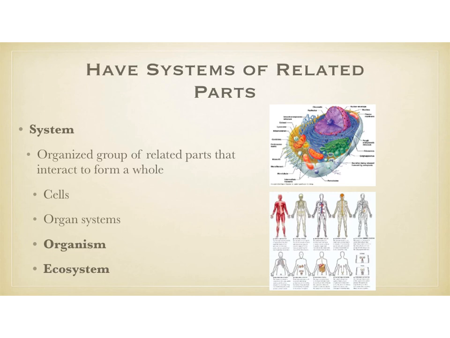Groups of organisms living in a specific area make up an ecosystem. So all these things have systems of related parts, from one individual cell all the way up to an ecosystem. They have these interrelated, interacting parts that help the whole system work.